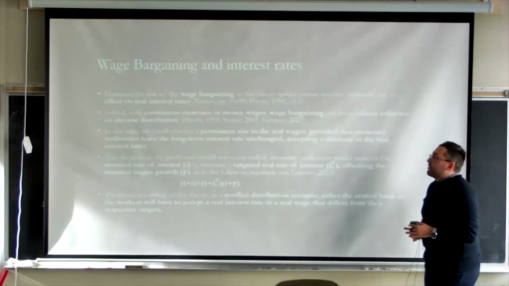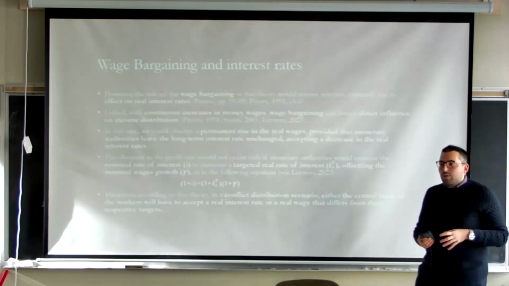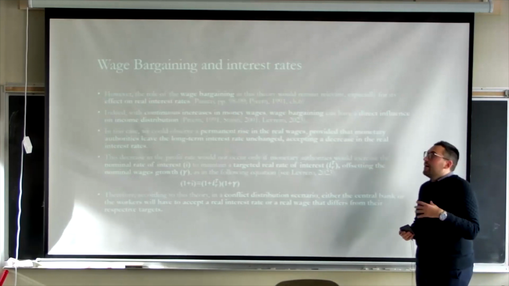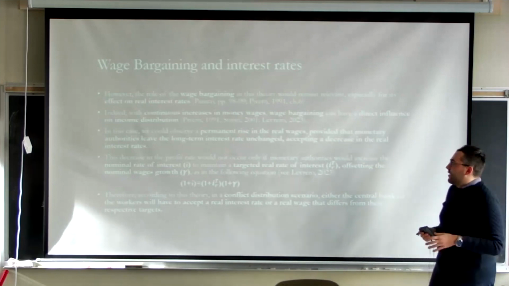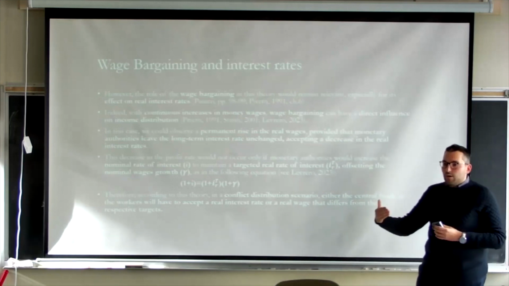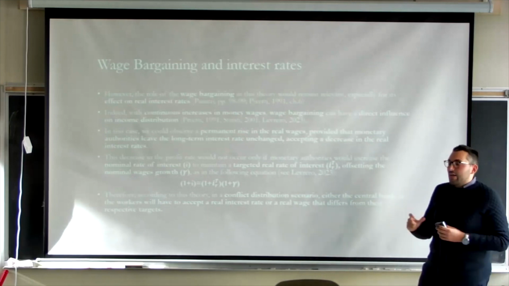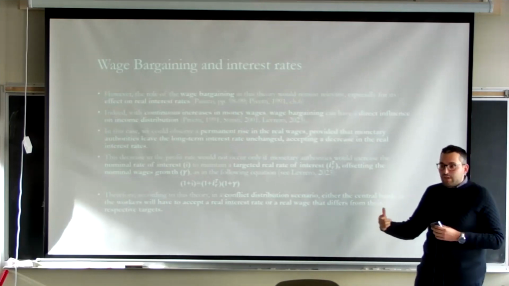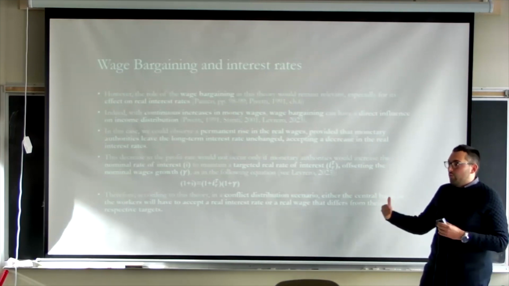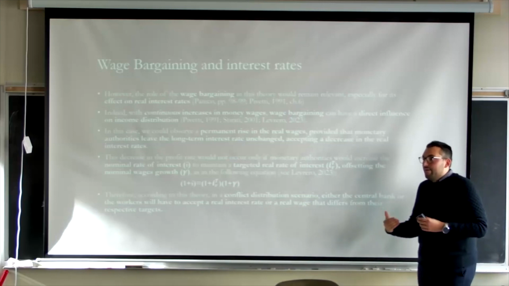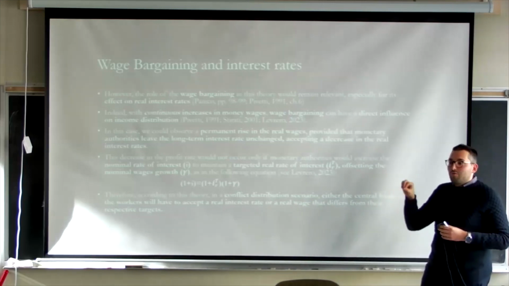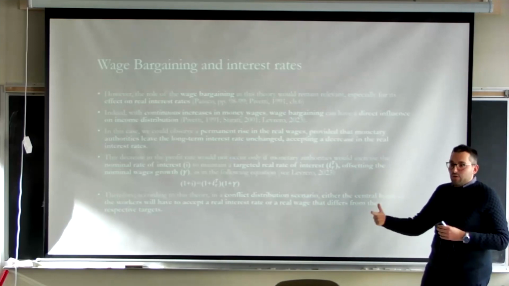But it's very important to underline that in this framework, the channel of wage bargaining is always an important channel. For example, if we have a continuous increase in nominal wages, we can have a change in income distribution, because we can have a permanent rise in real wages if the central bank doesn't increase the interest rate to try to offset this increase in nominal wages.